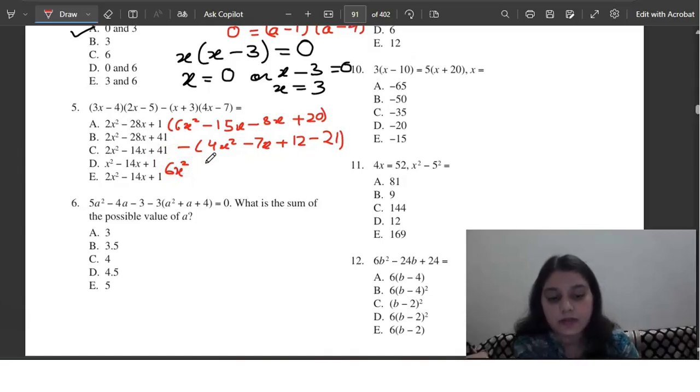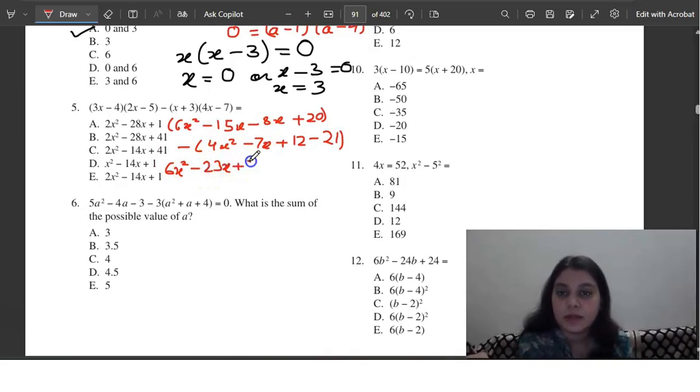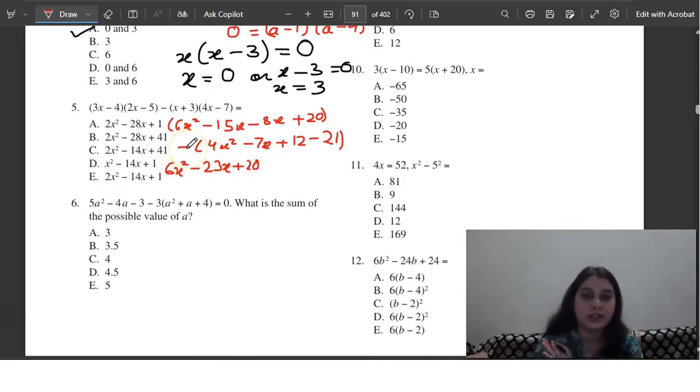And here we have minus 15 minus 8. So they're going to add up to minus 23x plus 20. Now, before this bracket, we have a negative sign. So all the things inside are going to turn negative. And this was 3 into 4x. That is 12x. Now, this is minus 4x square.